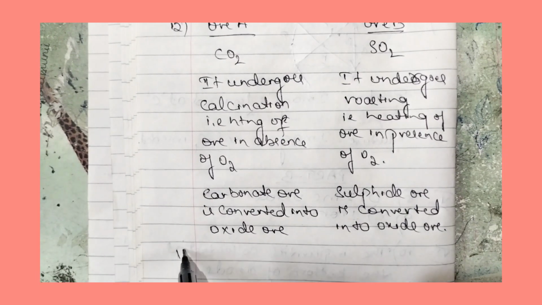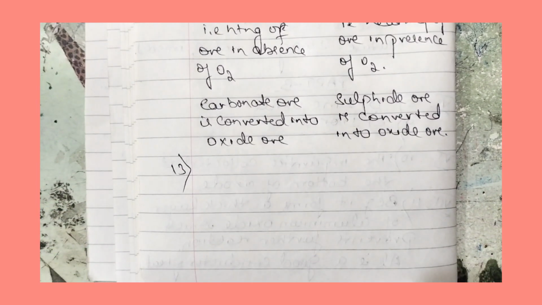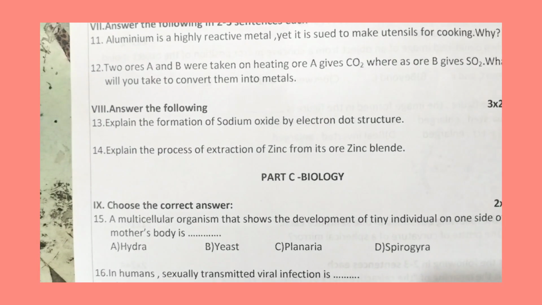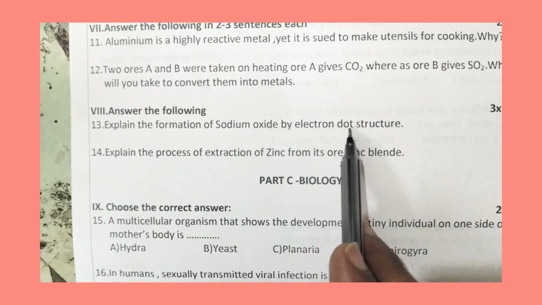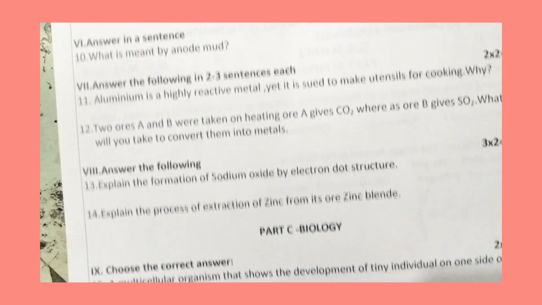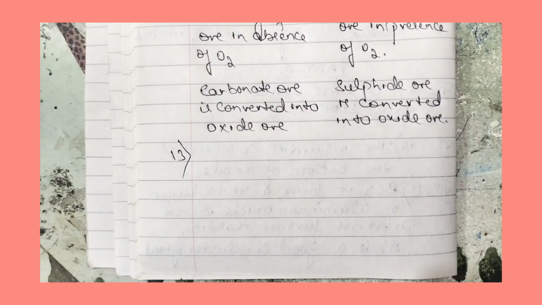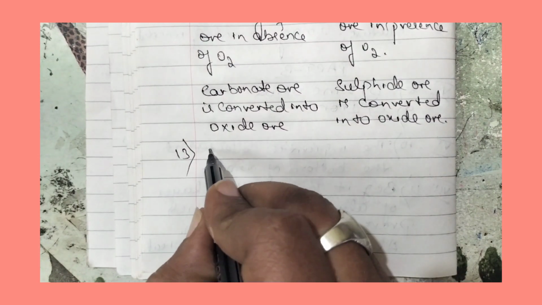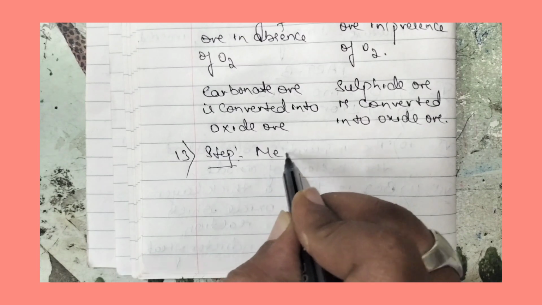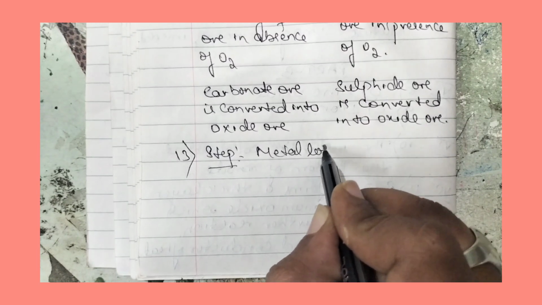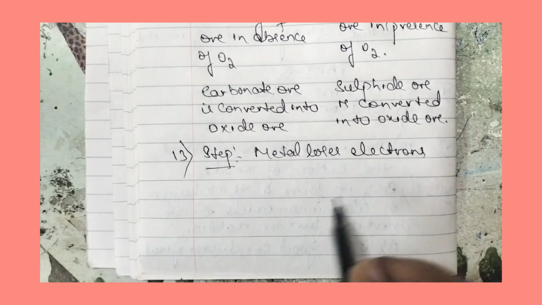Now let us move to the 13th question. They have given: explain the formation of sodium oxide by electron dot structure. Step number 1, metal loses electrons.